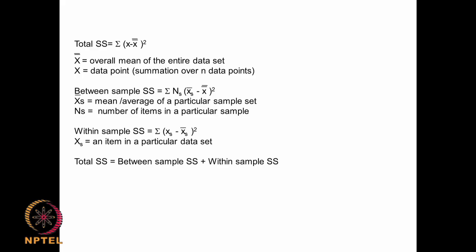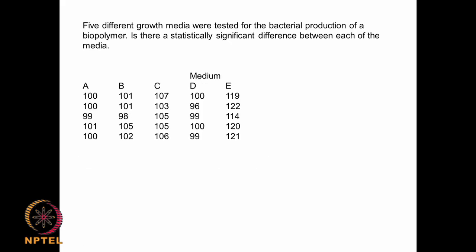Now, between sample sum of squares. We have 5 different situations, 5 different media. So, there is going to be an average for each one of them. We have a global or total average. So, subtract it from each one of these averages, square it up, then multiply by 5, because we have 5 elements in each one of these.